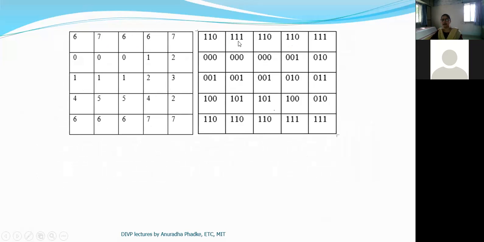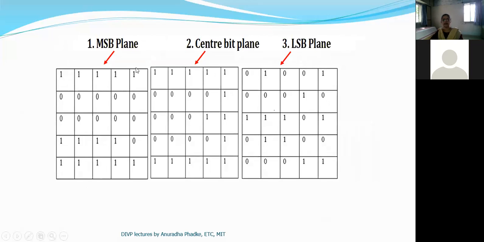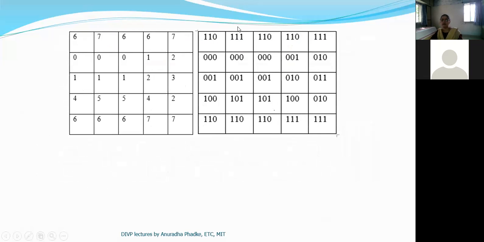Similarly, we obtained this central bit plane by collecting middle bits of each pixel, and the third plane, which is your least significant bit plane, by collecting LS bits from each of the pixel values.